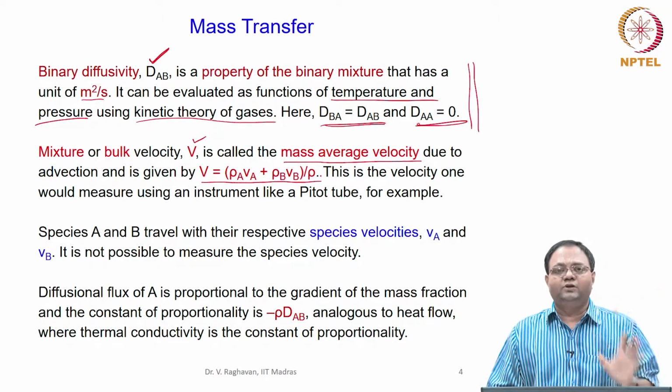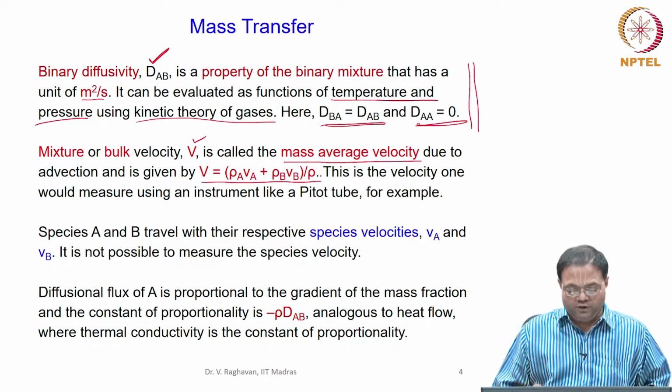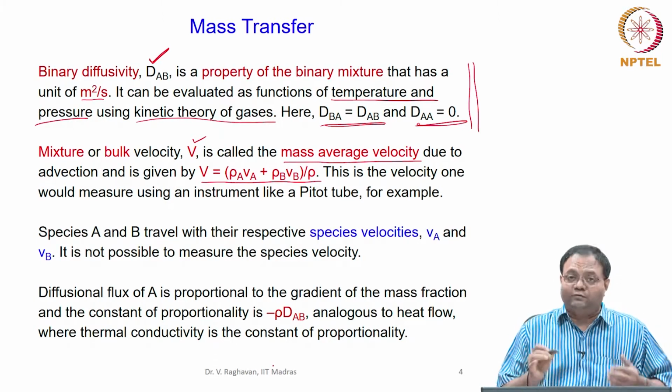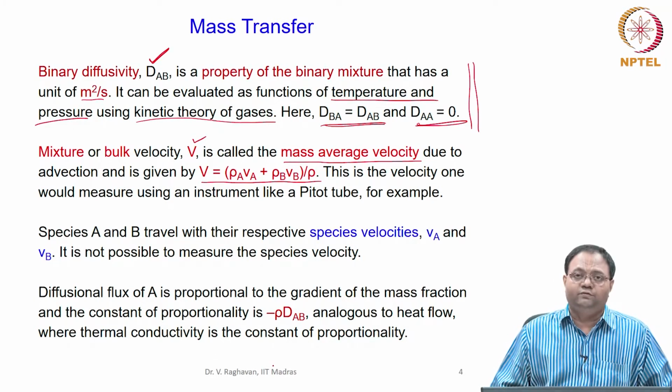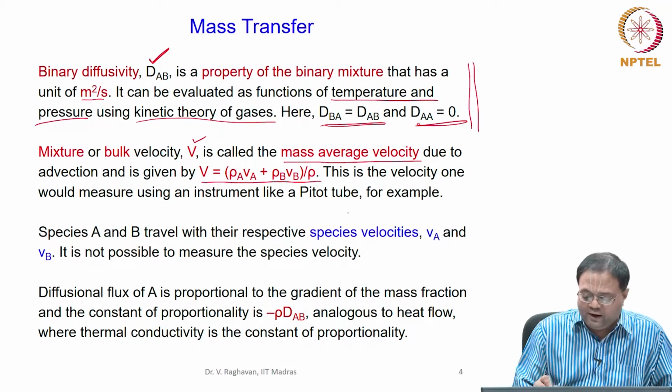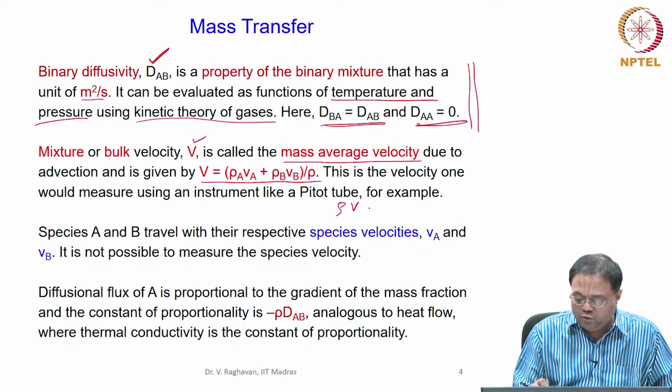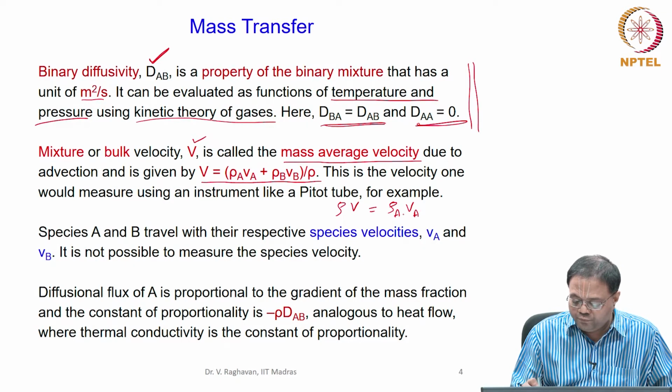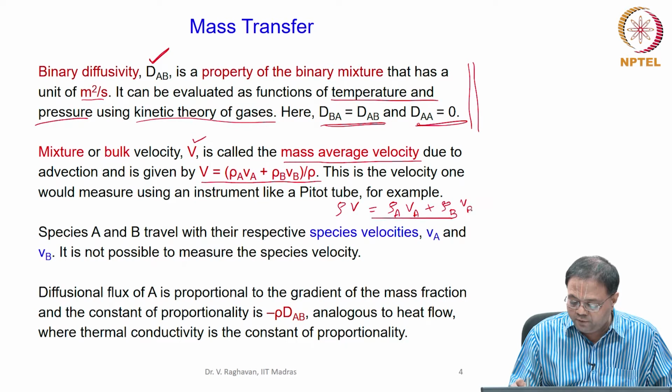At any point if you measure the velocity, it will be only the mixture velocity. This velocity is actually contributed by all the species velocities. So, for example, in the binary mixture, we can write rho V equal to rho A Va plus rho B Vb.